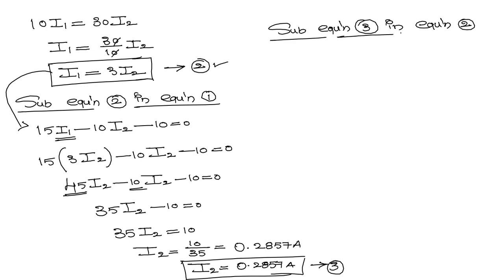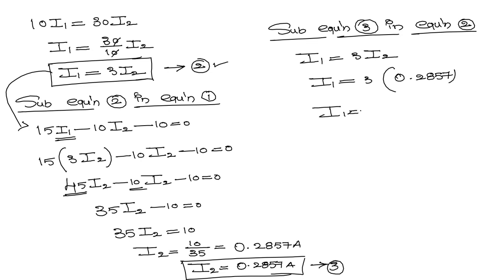Now equation number 3 in equation number 2 means I1 is equal to 3 I2, then I1 is equal to 3 into 0.2857 ampere. Now by multiplying 0.2857 into 3, you will get the value of 0.8571 amperes. Clear?